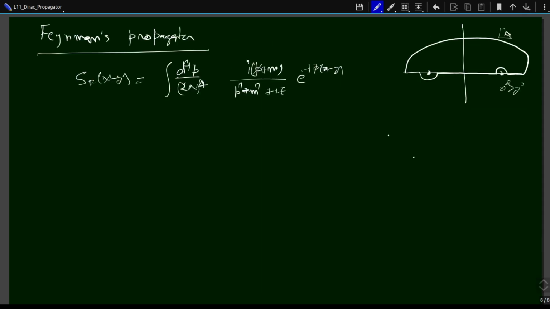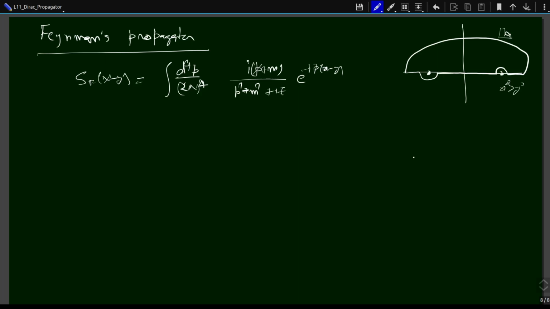Okay, so this iε prescription, for x naught greater than y naught, when you close the contour above, picks up only this left hand side pole, and when you close the contour below, it only picks up the positive pole.